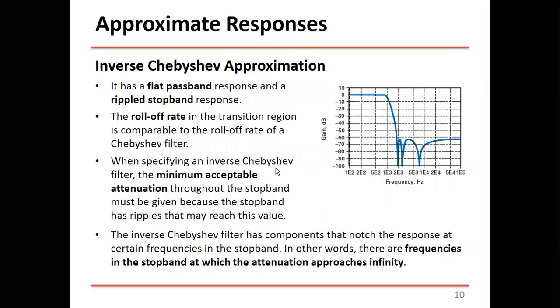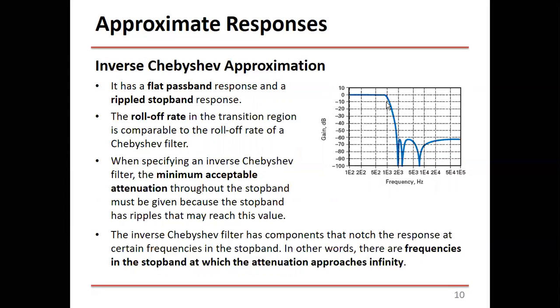The other type of Chebyshev is the type 2, which sometimes we call inverse Chebyshev. So inverse Chebyshev or type 2 has the opposite. It's flat in the passband and has ripples, fluctuating attenuation, in the stop band.